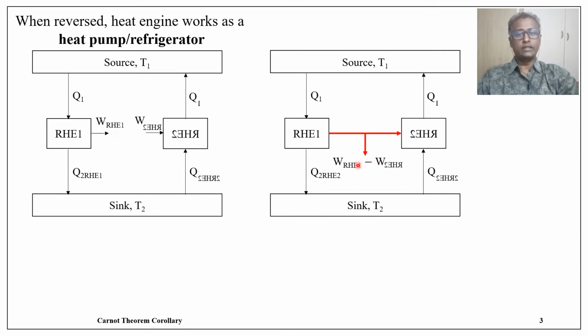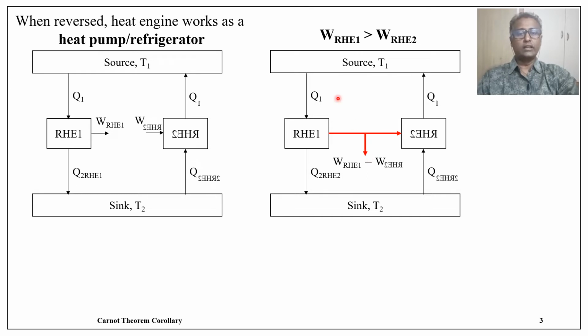How is this valid? W of RHE1 minus W of RHE2 reversed. Earlier we discussed the work produced by engine 1 is greater than the work produced by engine 2 as per our assumption. Therefore, this is valid.